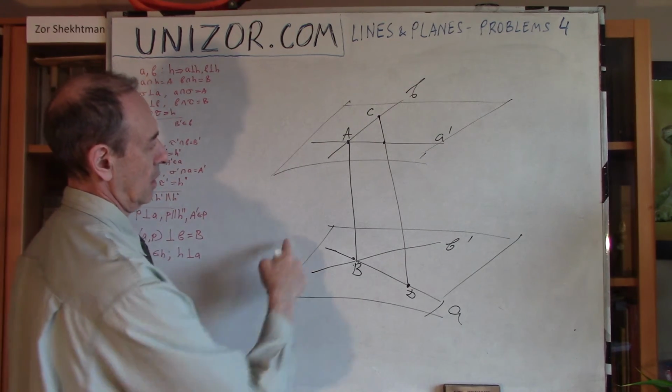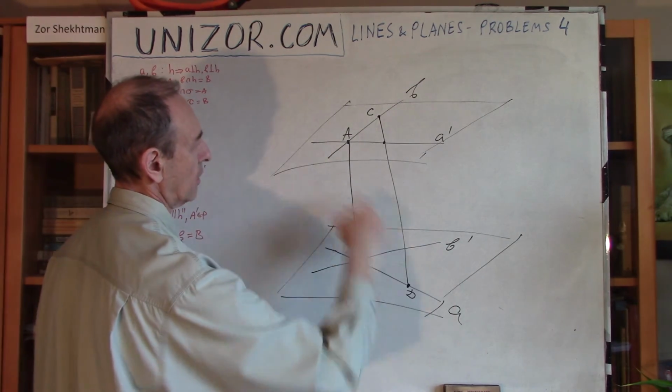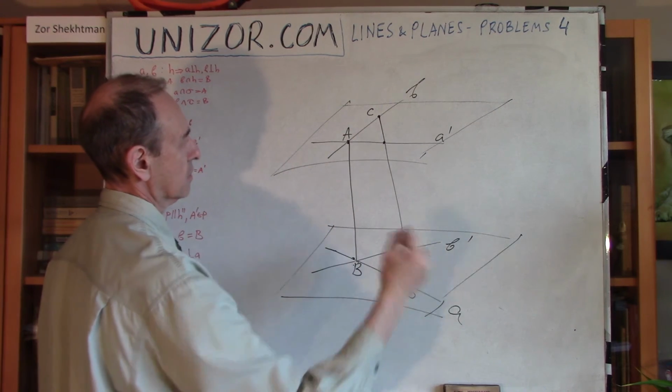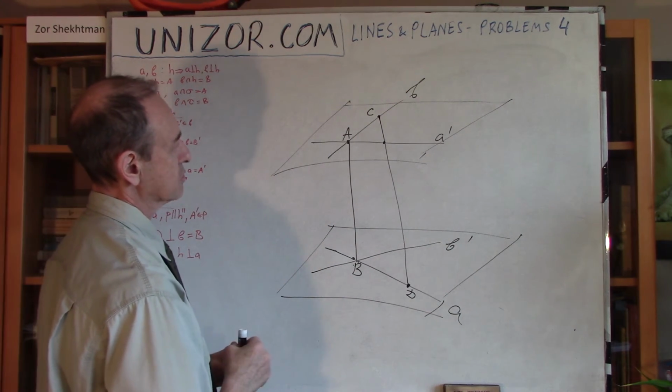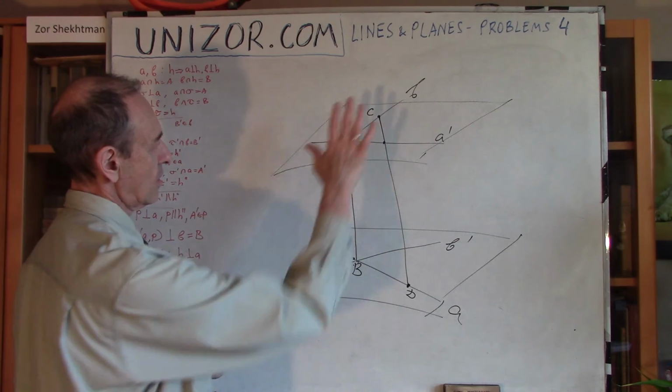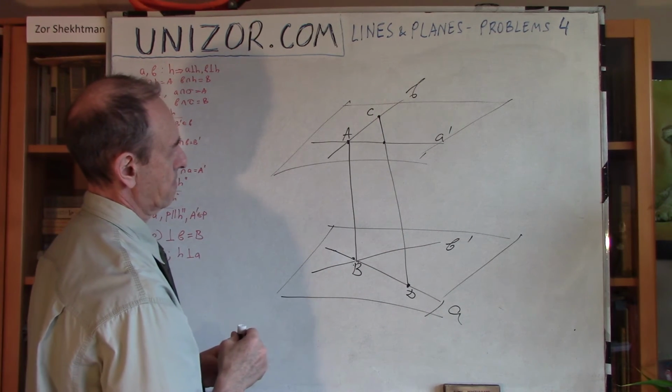So between the parallel lines, all perpendiculars should be the same lengths, right? So obviously they are not supposed to be in the same plane. So C is somewhere, let's say it's behind or whatever.